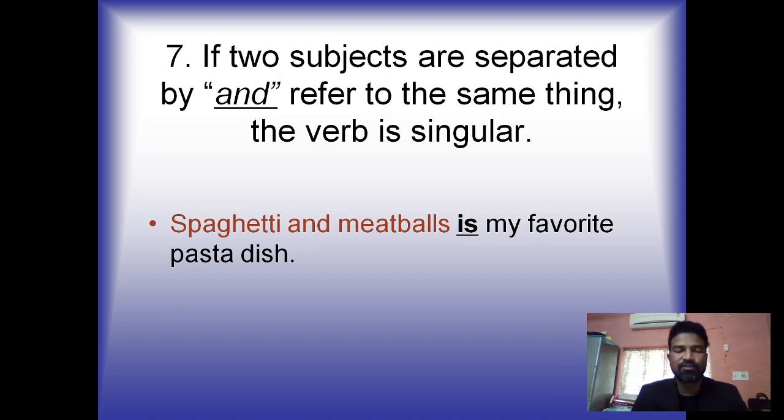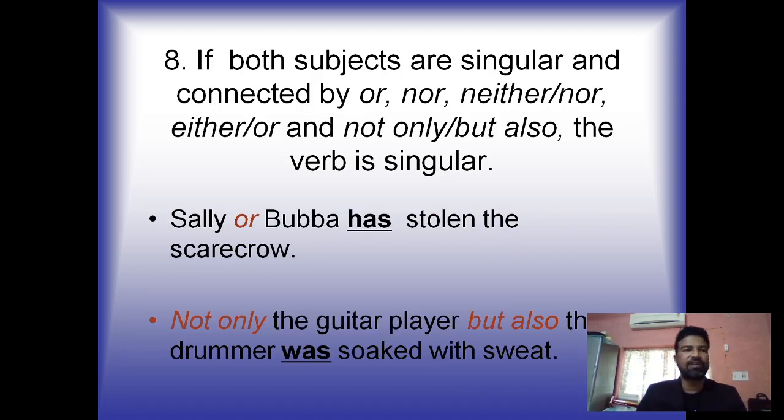Don't get confused because they are combined with and and think plurals should be used. No. Read the rule once again: if two subjects are separated by and but refer to the same thing, one particular item, then the verb is always singular. Go on to the next slide.